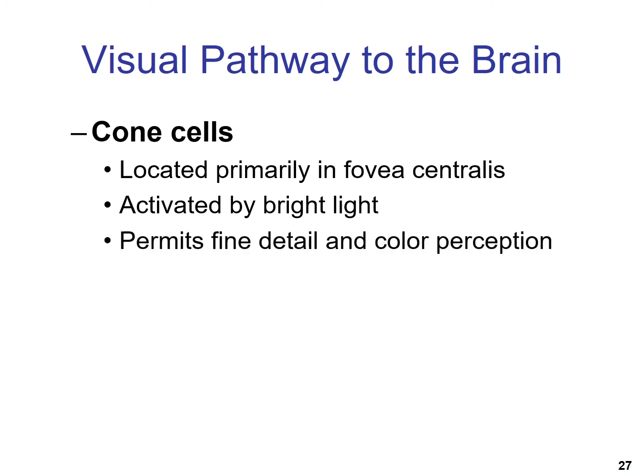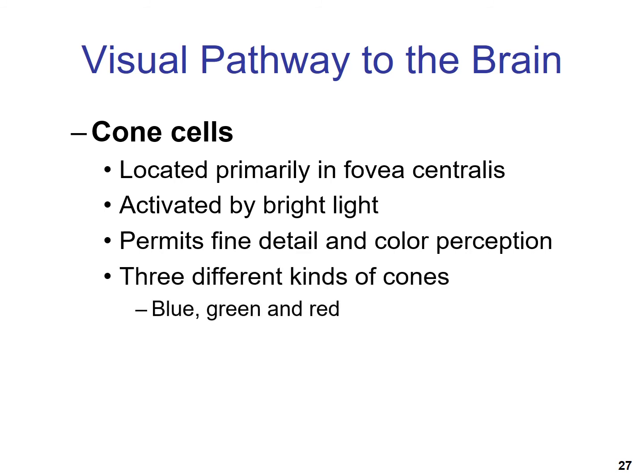So cone cells permit fine detail and color perception, and there are actually 3 different kinds of cones. One cone for blue, one cone for green, and one cone for red. And a lot of monitors actually have RGB signals, and that's red, green, blue.